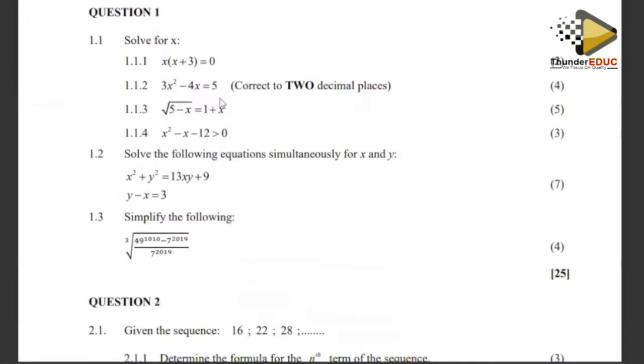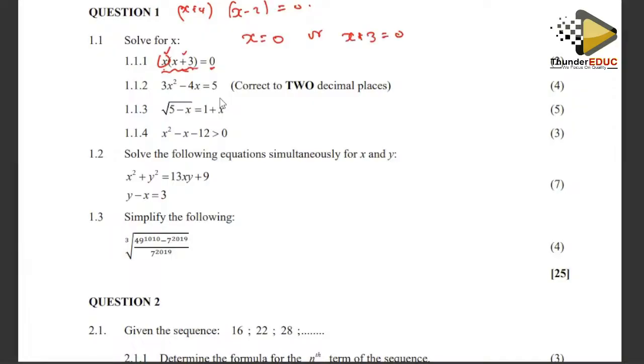Now with this, we have x, open brackets, x plus 3 is equal to 0. For as long as we have brackets, x plus 4 or x minus 2 is equal to 0. So this represents what we call the dot product. And with the dot product, it's all about getting each term and then equating it to 0, meaning that this first part, x is a 0, or this bracket equated to 0.